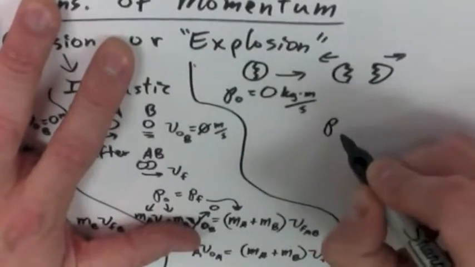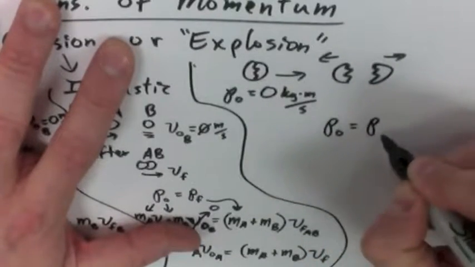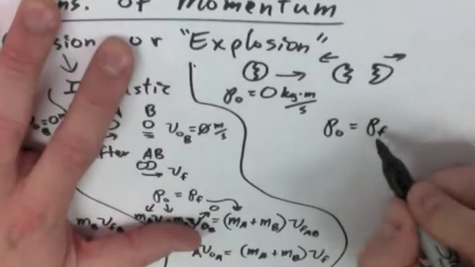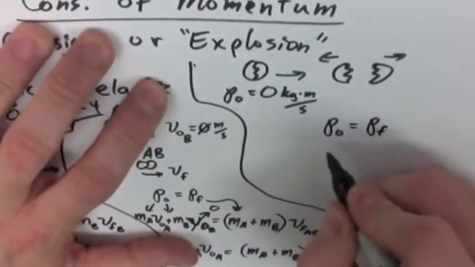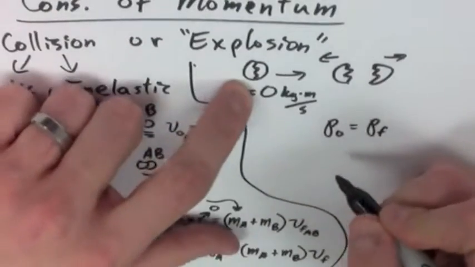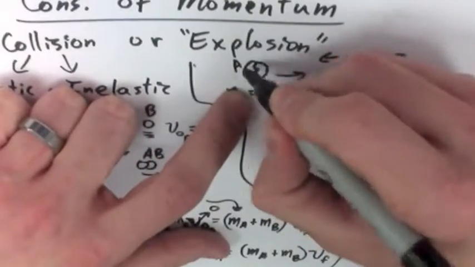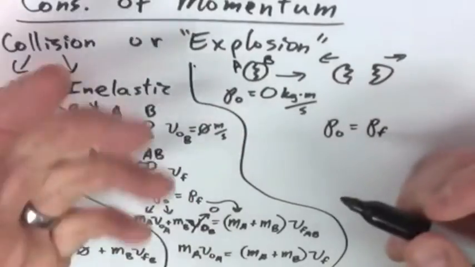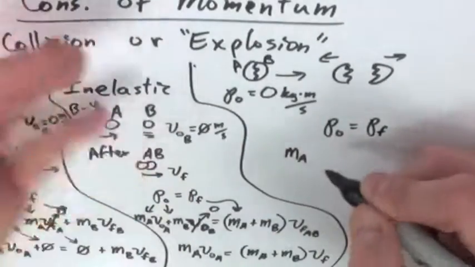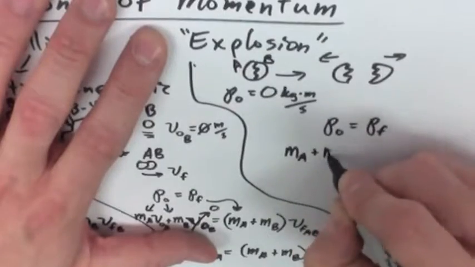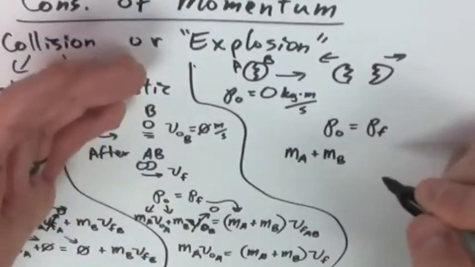But you start with initial momentum equal to final momentum. We are stating mathematically that momentum will be conserved in this event. And then what did we have initially? Well, initially they were together. If you want to use your AB stuff again, we can say initially they were AB. So we had MA, the mass of the astronaut, plus the mass of B, maybe the fire extinguisher.